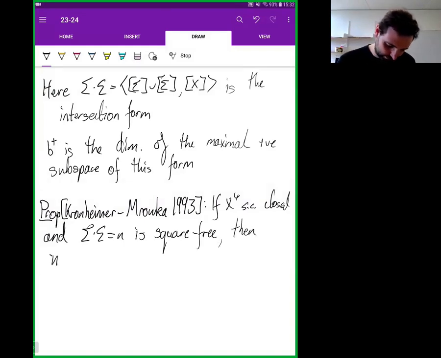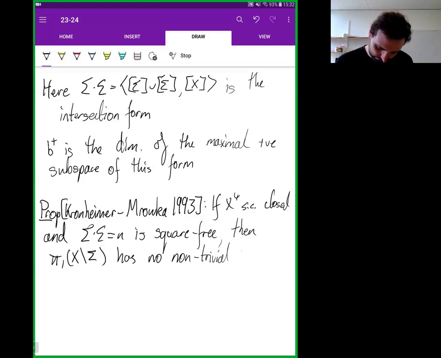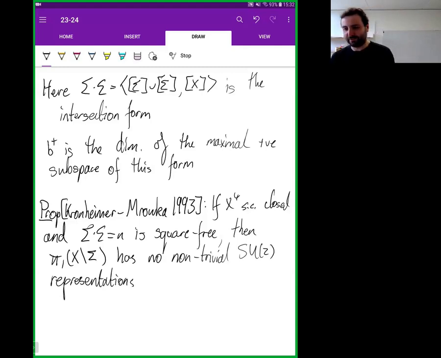Then pi_1 of the complement, if I just cut out this surface, has no non-trivial SU(2) representations. And then they remark that they don't know a single example where the fundamental group of the complement is non-trivial. So there's a few reasons where you might want the complement to be non-trivial.